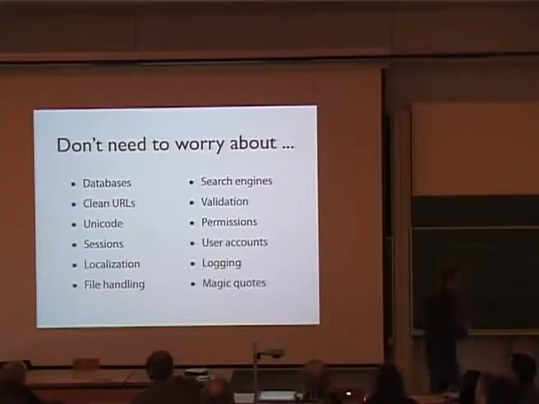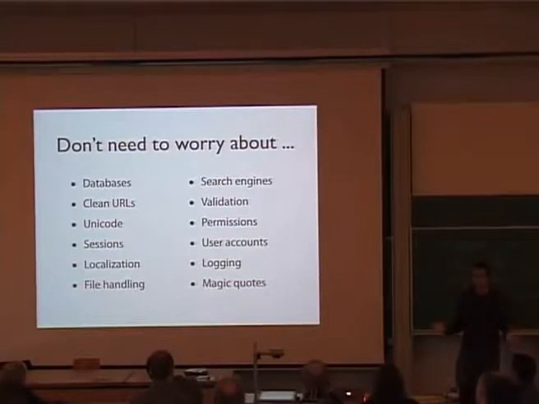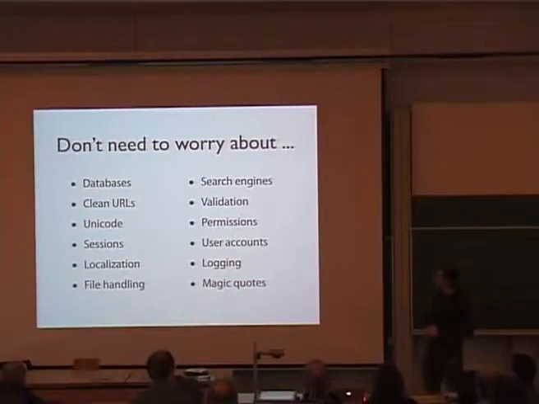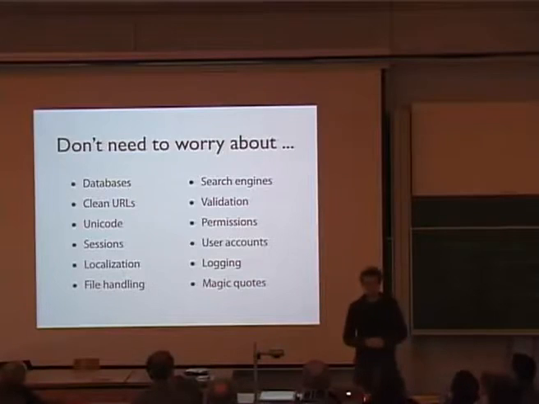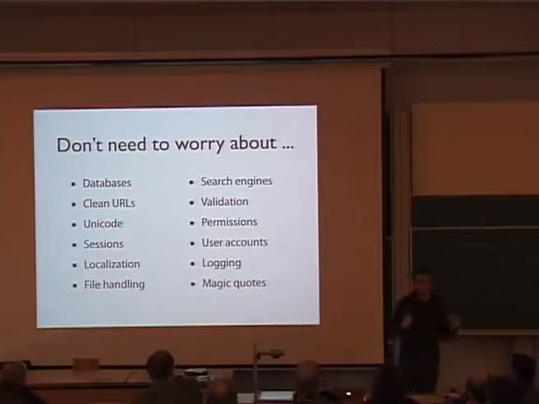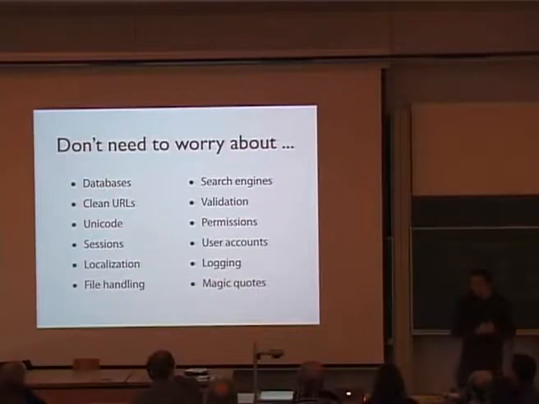Okay, so the node system is a central piece of functionality in Drupal, but we have lots of other building blocks, which I can't explain all in this presentation, but essentially we have a database abstraction layer, which allows you to write secure SQL queries. We have support for clean URLs, which allows you to score high in Google and other search engines. We have, for a couple of years now, full Unicode support.